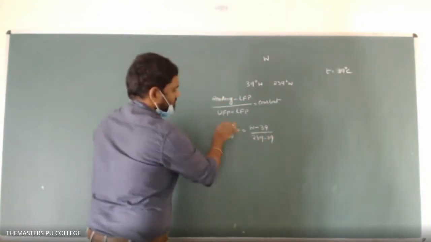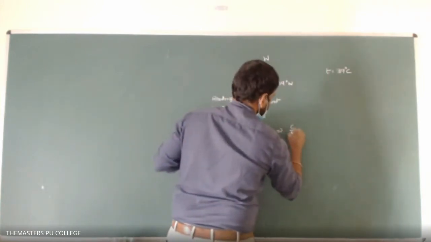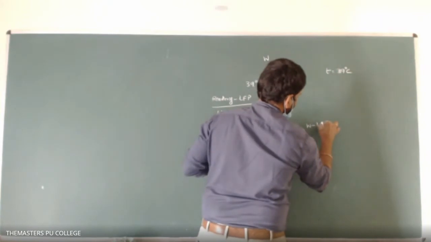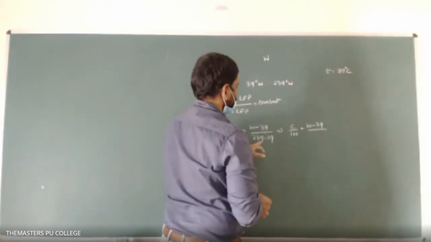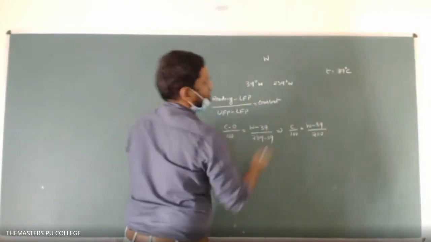So this is the equation we are going to use. It can be written as C by 100 equals (W minus 39) divided by 200, since 239 minus 39 is 200. So this is the relation we can use.